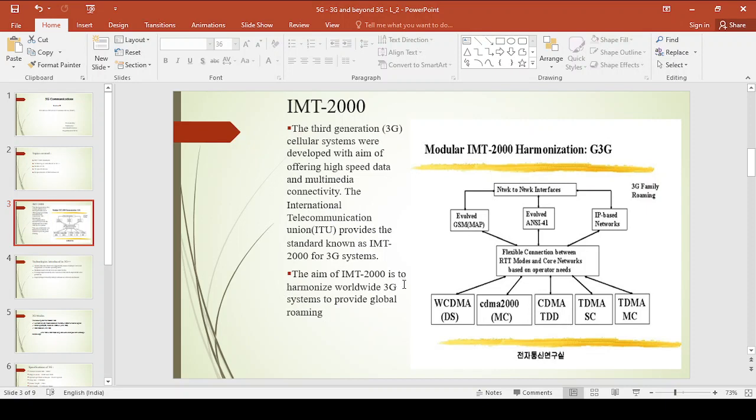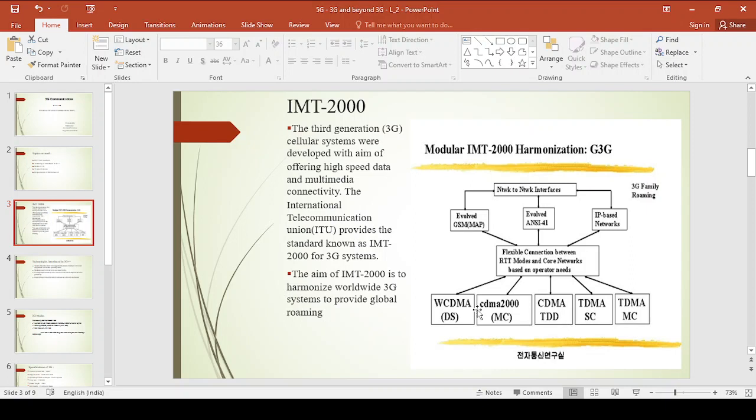Now what is its main aim? Its main aim is to harmonize. That means to coordinate or to match, right? The main aim of this standard is to coordinate or to match the worldwide 3G system. That means to coordinate or match these particular proposals in order to provide global roaming, right?